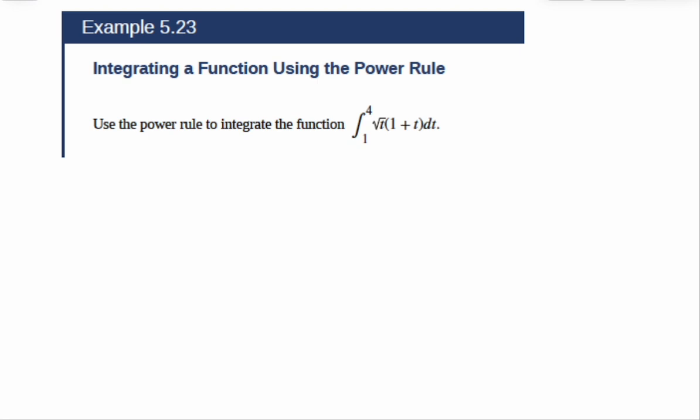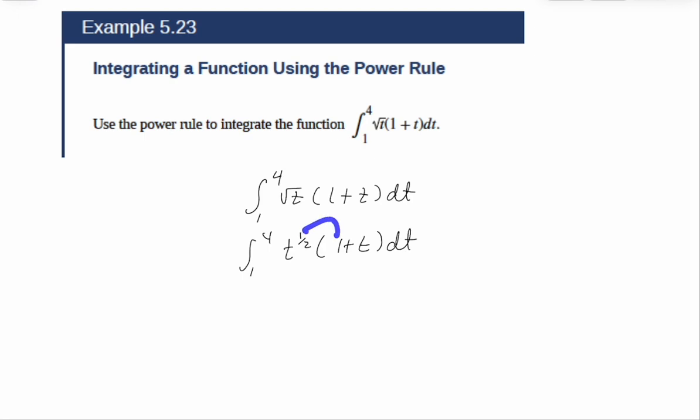So if we look at this integration from 1 to 4 of the square root of t times 1 plus t, I would suggest do what we did for derivatives. I would rewrite that as a t to the 1/2. We don't know any sort of power rule at this time, so you have to distribute that in.